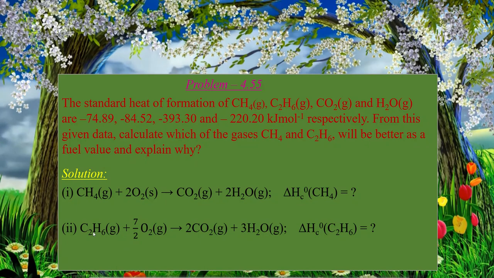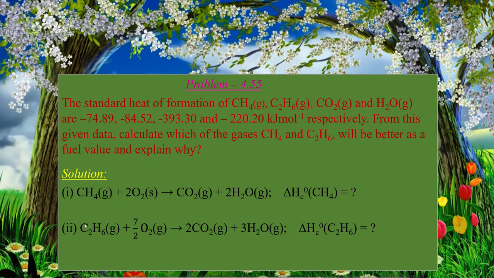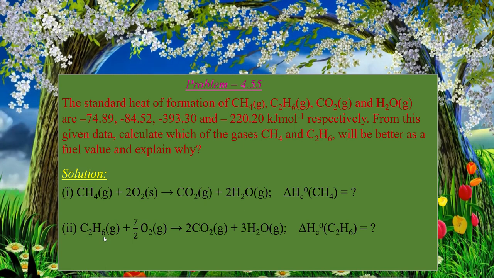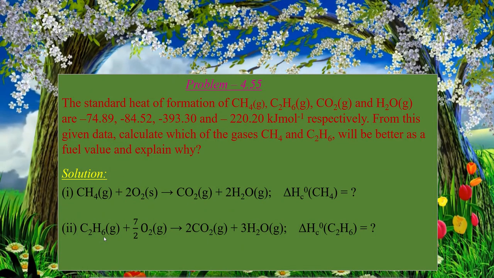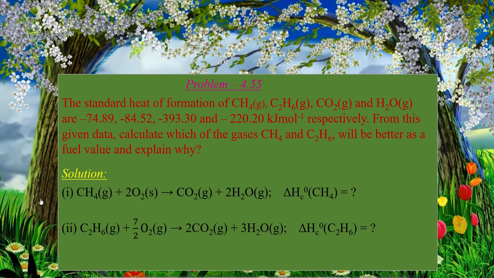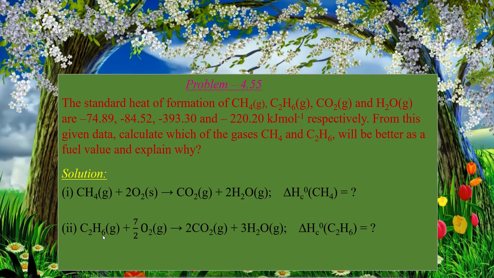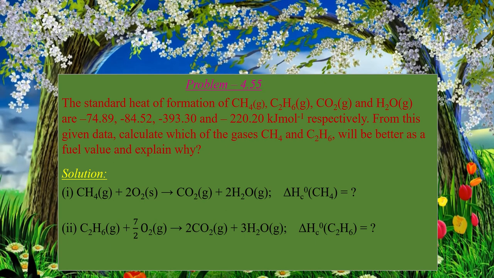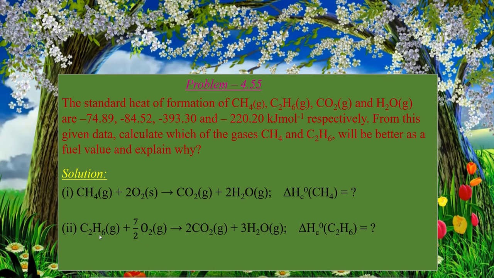Here, to balance the reaction, I want to tell you something. When you balance the reaction, you will not balance oxygen at first. You will keep the compound here. Look, this is C2H6. The organic compounds, when burning, will produce carbon dioxide and water vapor. So look, here 2 mole carbon is present in reactant side. So here carbon dioxide CO2 will be also 2 mole. Here 6 mole hydrogen is present in the reactant side.